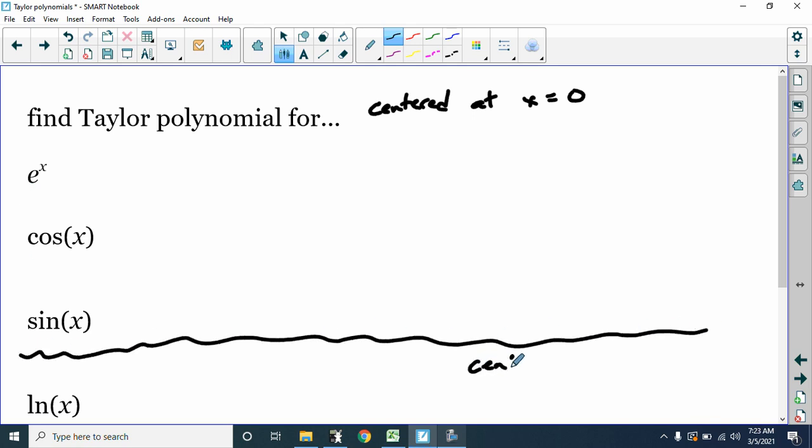This one, let's center at x equals 1. And let's go the first 4 terms. First 4 non-zero terms. Bring those up to class when it's time to meet, and we'll check those.